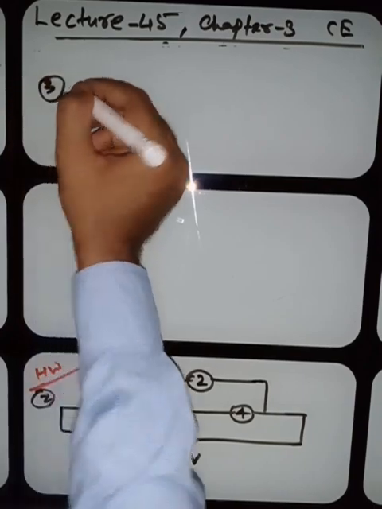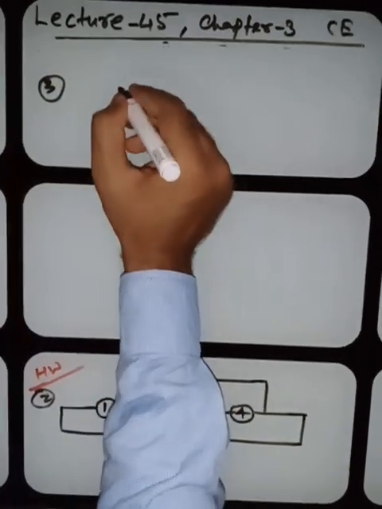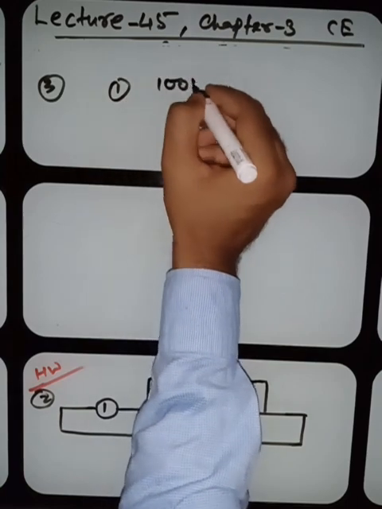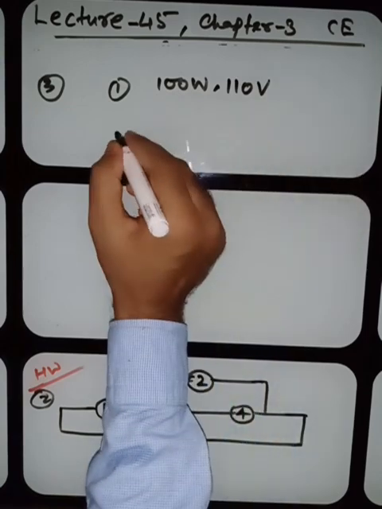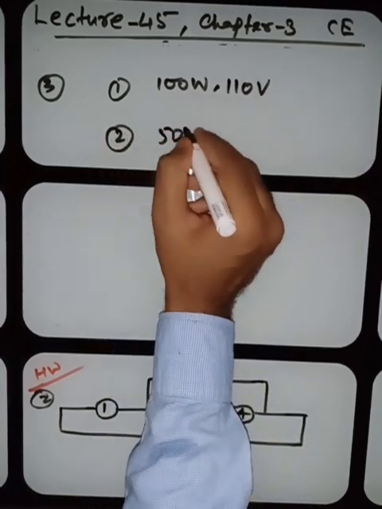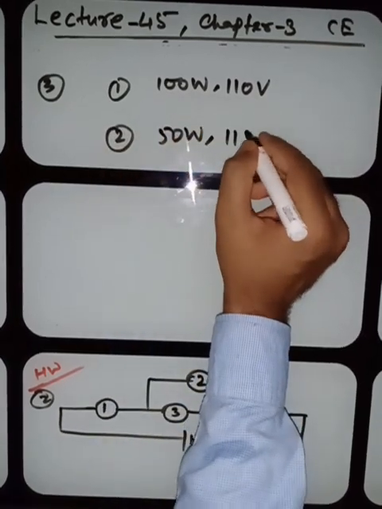Now the third question. You have two rated bulbs. One is 100 watt, 110 volt, and the second is 50 watt, 110 volt.